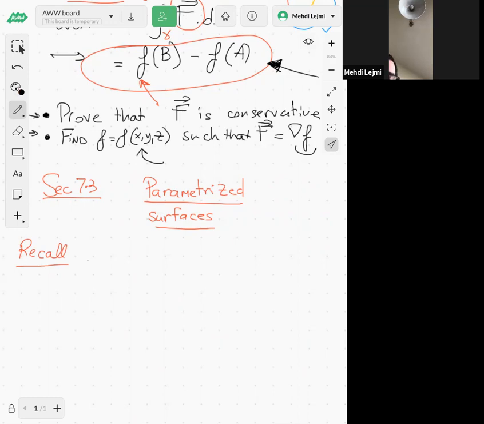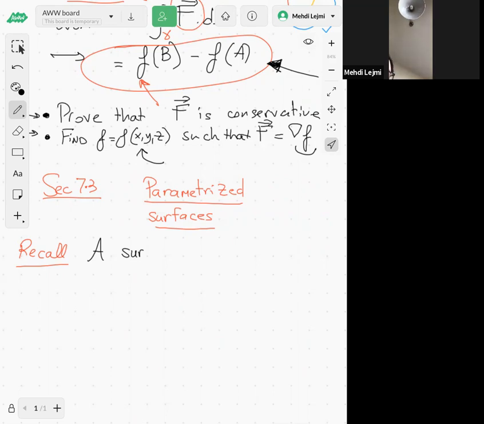So a surface S. Again, guys, a surface is a two-dimensional object, right? So if it's two-dimensional, it means that you need two parameters.